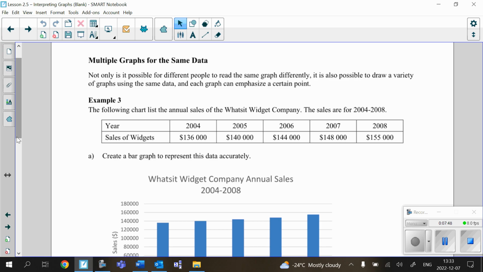If we want to show a certain thing that puts us in a favorable light, especially a business, how can we show the data so that it makes us either look good or makes us look not bad? We don't want to do something that makes us look bad.